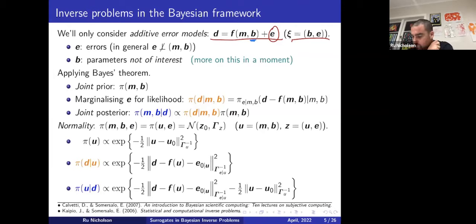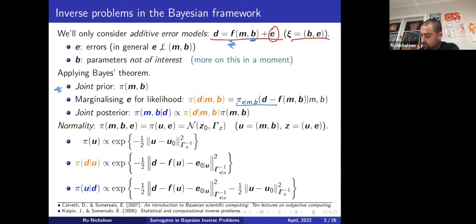Right, so essentially we're just applying Bayes' theorem now that we've set up specifically what our model is, so our relationship between the data, the so-called forward model and all the parameters, and that we have an additive error model. Then we just plug and chug essentially, and we get that, marginalizing over the error to calculate the likelihood, we see that the likelihood inherits the conditional distribution of the noise given the parameters.